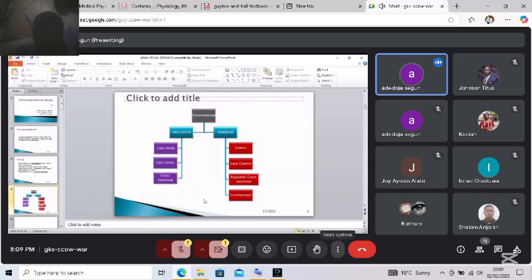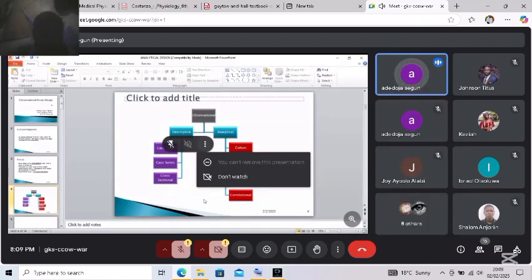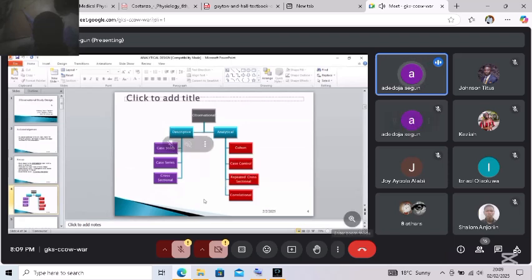So it shows that this analytical study design is a little different from the one that we talked about in our last class. Analytical study design has divisions, classes.